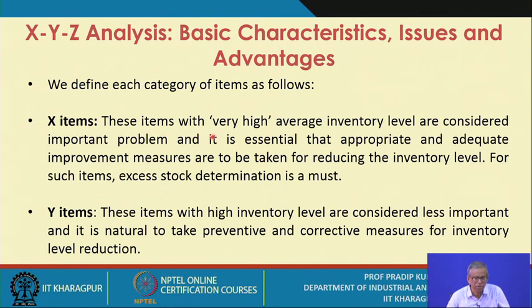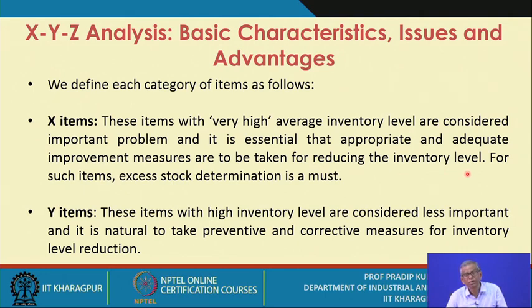X items are items with very high average inventory level, where you have to define what is, relatively speaking, very high. These items are considered an important problem, and it is essential that appropriate and adequate improvement measures are taken for reducing the inventory level. This is obvious.